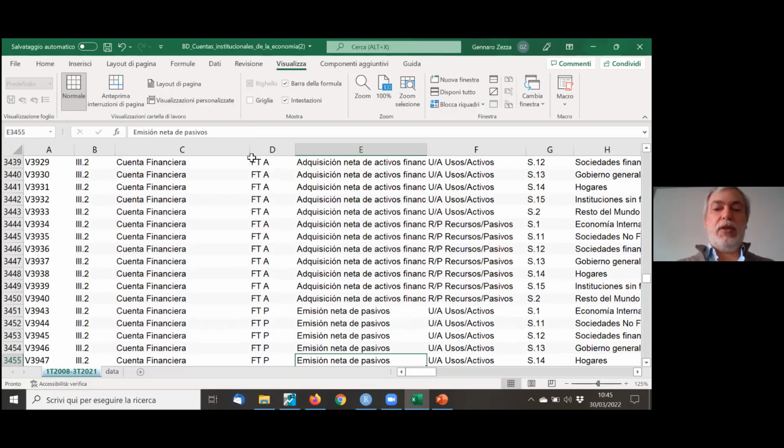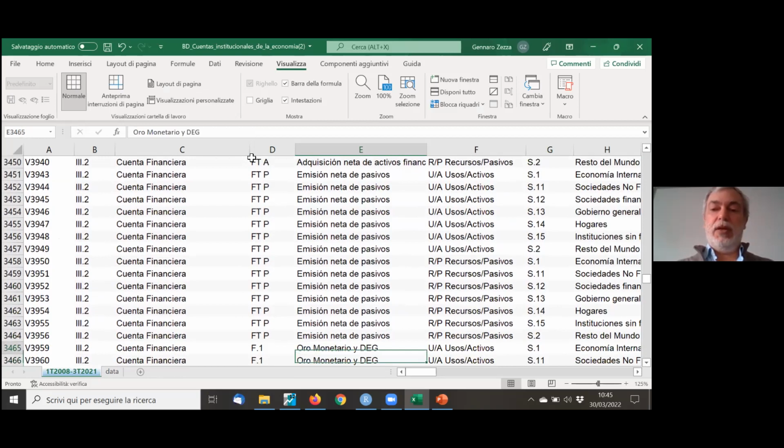And this should be the assets of Mexico, 3956.